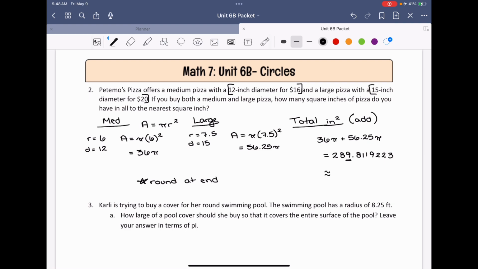So approximately 290. I'm going to bump that 9 up to a 10, which means that 8 is going to turn into 90 inches squared.